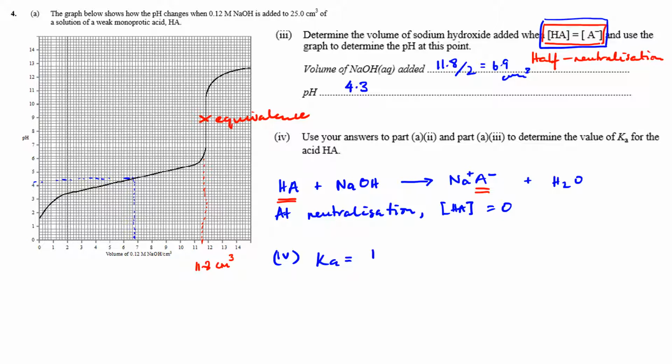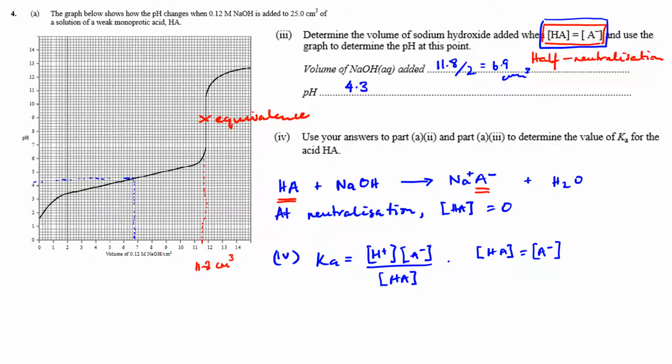Ka is the hydrogen ion concentration times our conjugate base concentration all over our acid concentration. Now, of course, at half equivalence, we know that our acid concentration is equal to our conjugate base concentration.